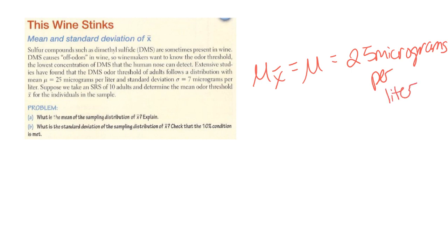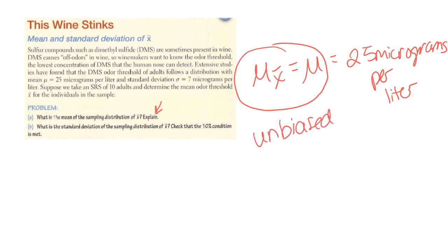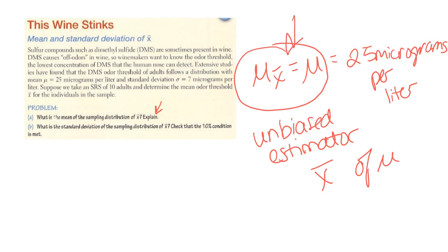When it says explain, I need to explain why this is true, which is that the sample mean is an unbiased estimator of my population mean, which means that the mean of my sampling distribution is going to be equal to the mean of my population.